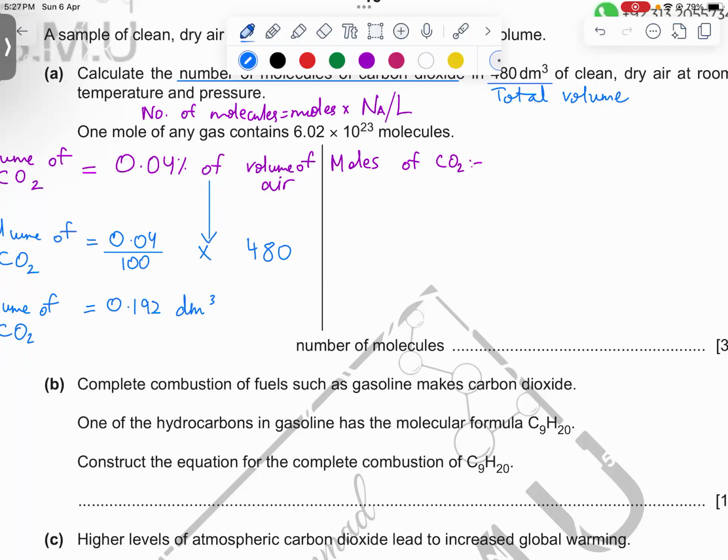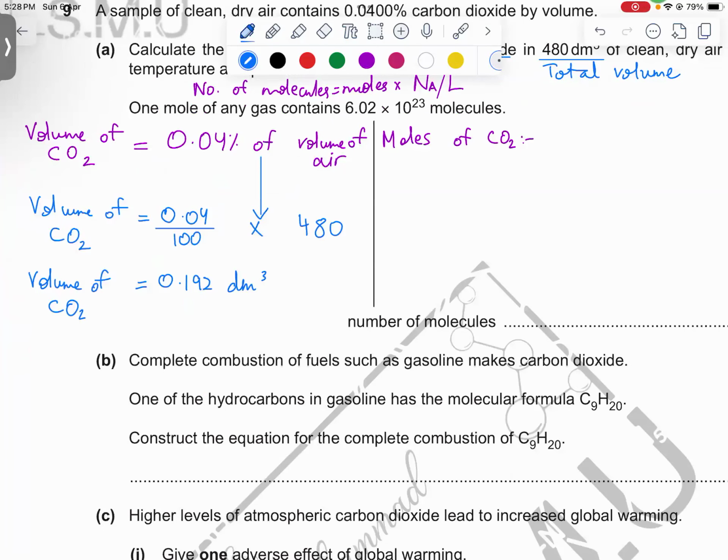We have the volume of gas, and from volume of gas, we can always calculate moles. It's very simple. Moles is equal to volume of gas divided by 24. That is how you calculate it. If the volume is in dm³, you divide by 24, and if the volume is in cm³, you divide by 24,000. All right.